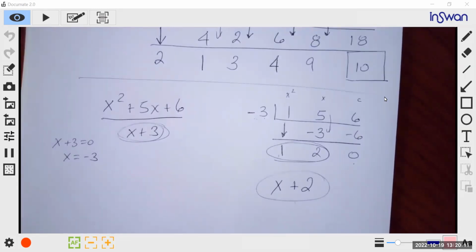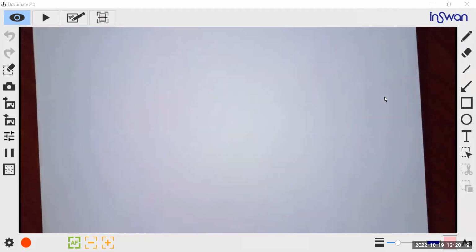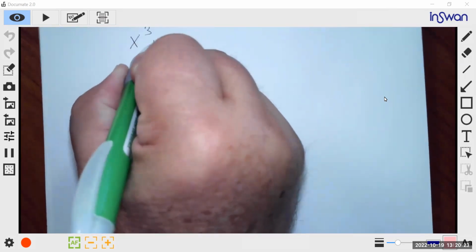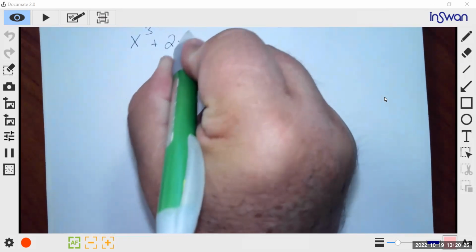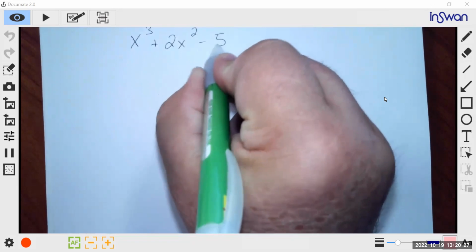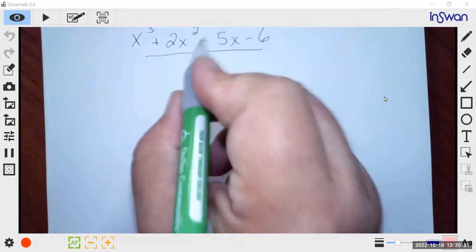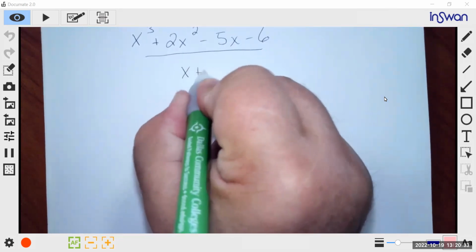Let's look at that bigger one that we know works. Let's look at this one. X cubed plus 2x squared minus 5x minus 6, divided by x plus 1.